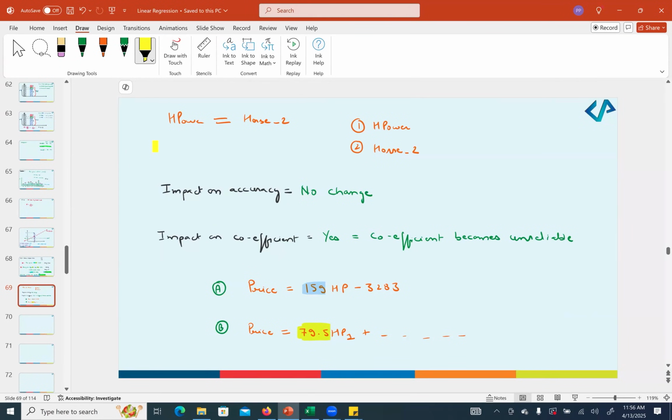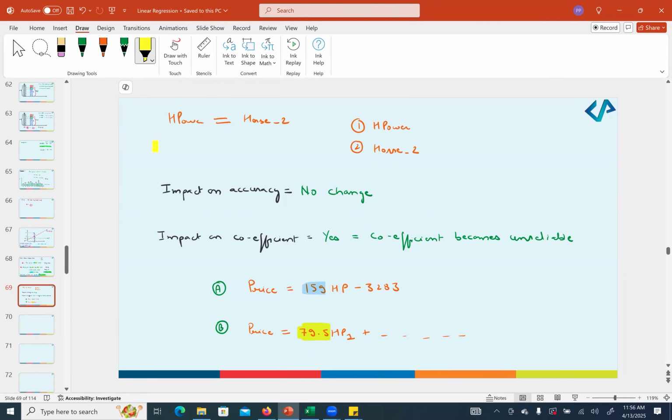If your only goal is to measure accuracy, all you want at the end of the day is to predict the price of the car. You don't care how horsepower, weight or height is related to price. I just want the final prediction.